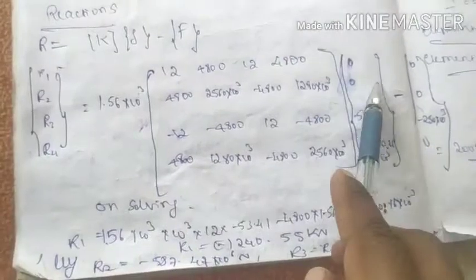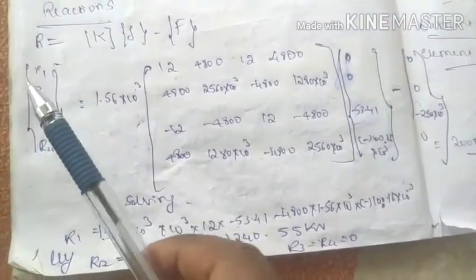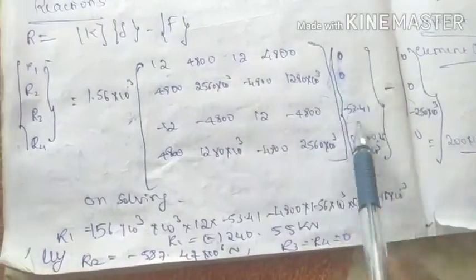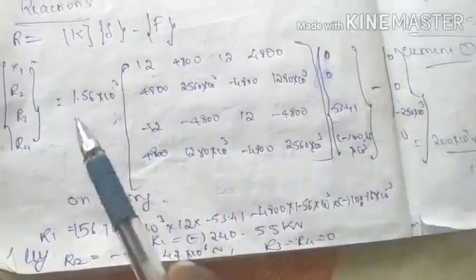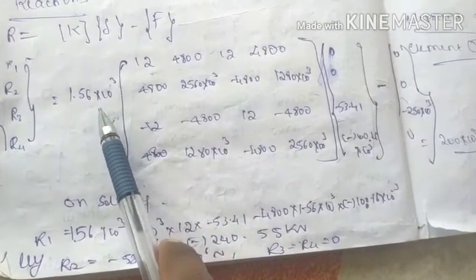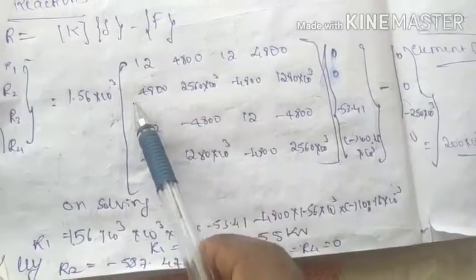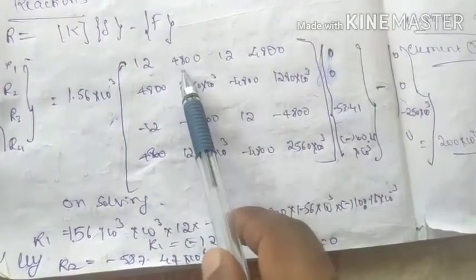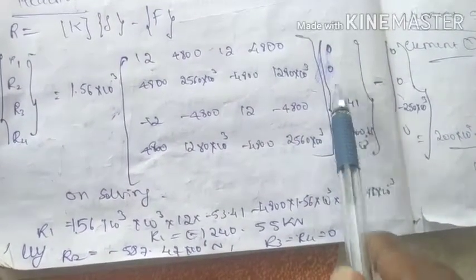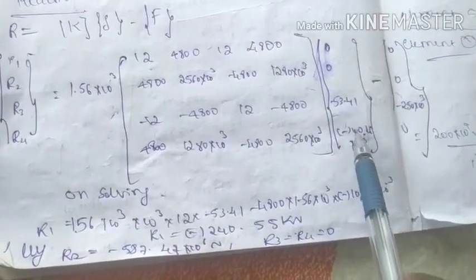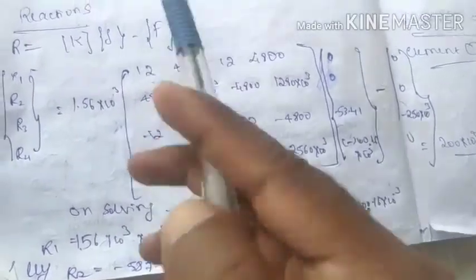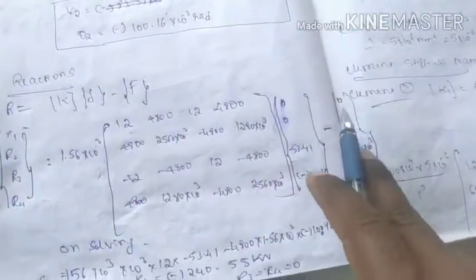On solving this, hope you are familiar with how to solve: R1 is the first row into this column, minus this. That is 1.56, this 12 into 0, 400 into 0, 12 into minus 53.41 and 400 into minus 100.16 into 10 raised to minus 3, whole into 1.56 into 10 raised to 3 minus 0.